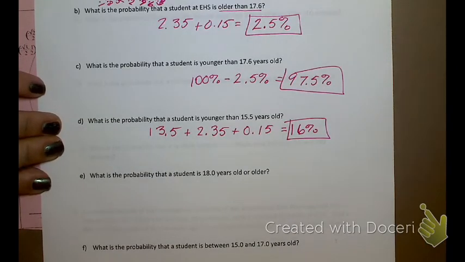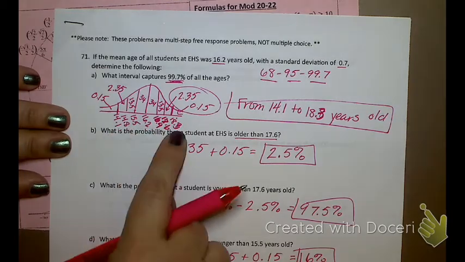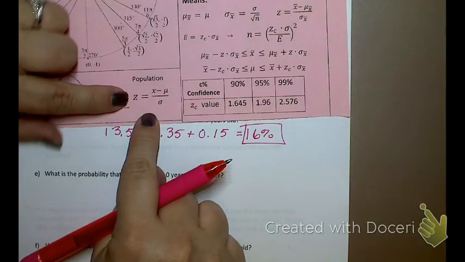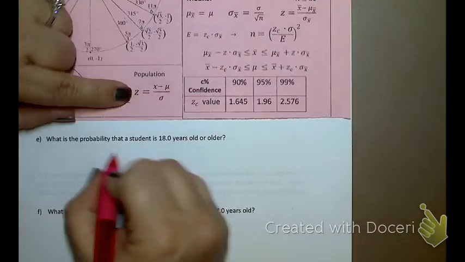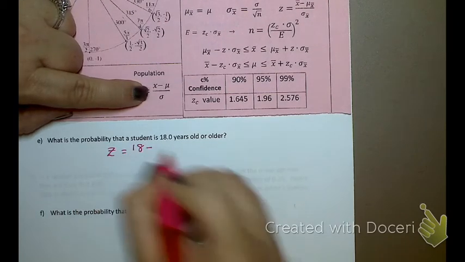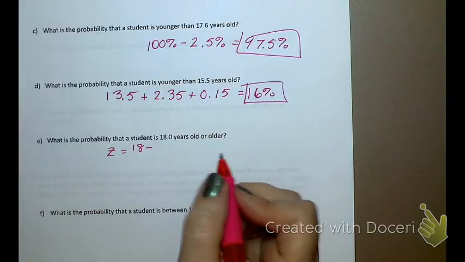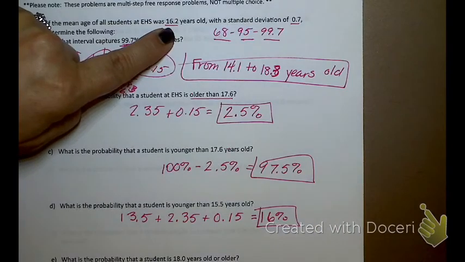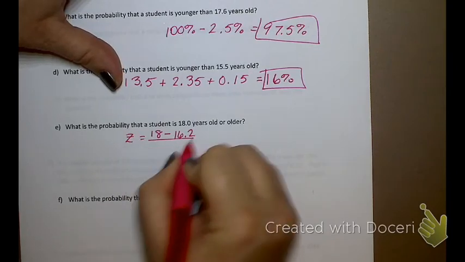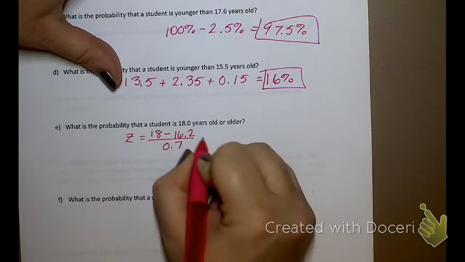What is the probability that a student is 18 years old or older? Is 18 one of my markers here? No. As soon as I get to something that's not on there, I have to use my z-score and my z-table. So we're going to calculate the z-score for 18. So that would be 18 minus the mean. What was the mean? 16.2 divided by the standard deviation, which is 0.7.